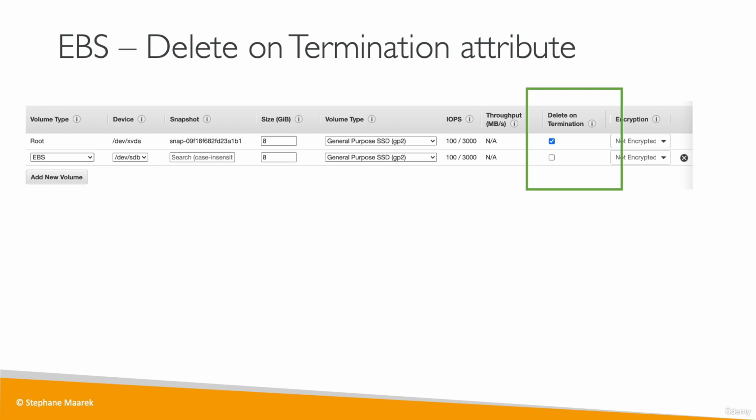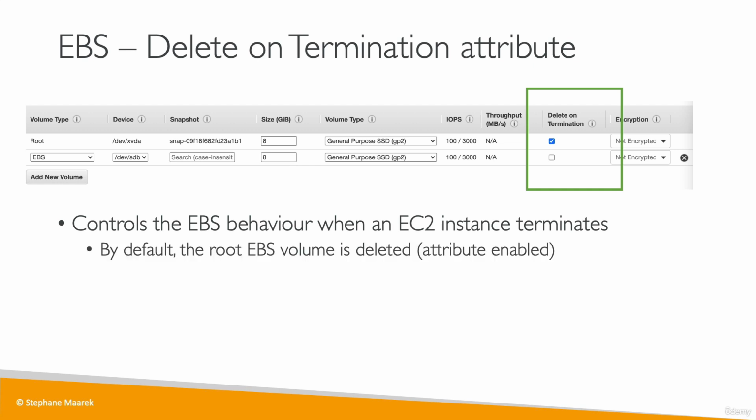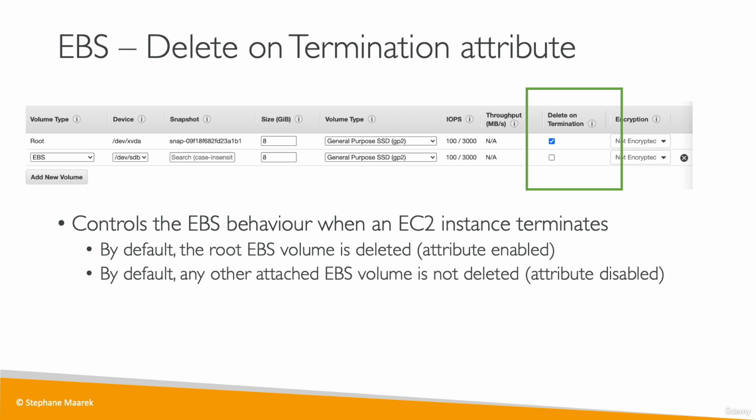And by default, it is ticked for the root volume and not ticked for a new EBS volume. So this controls the EBS behavior when an EC2 instance is being terminated. By default, the root EBS volume is deleted alongside the instance being terminated, so it's enabled. And by default, any other attached EBS volume is not deleted because it's disabled by default.